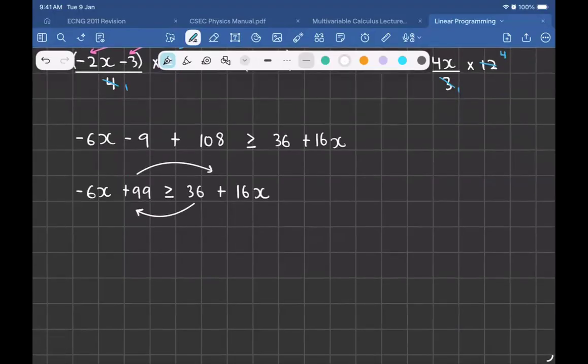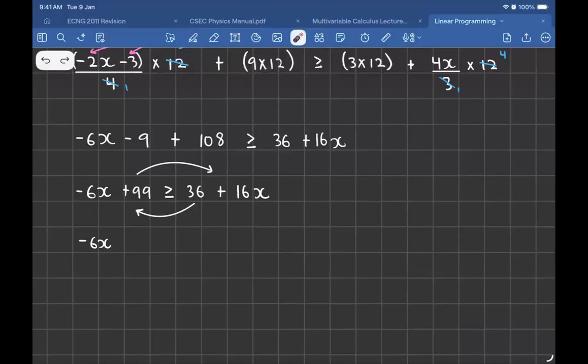Negative 6x plus 16x is less than or equal to 36. Wait, wait, wait. Take your time. You had told me to move across 99 and move across 36. Or you thought 16x.